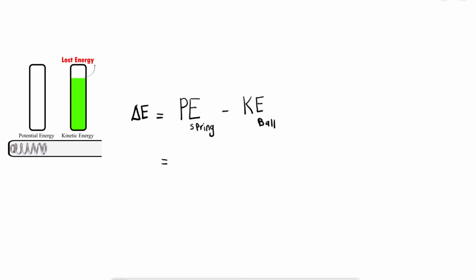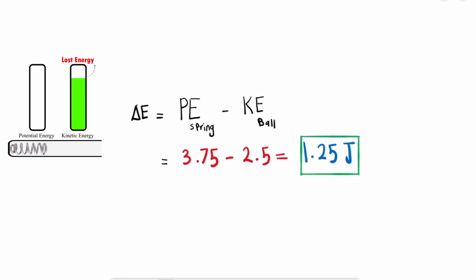So this is equal to 3.75 minus 2.5, and we have the answer of 1.25 joules. So this difference right now is the work done by friction, or the work lost due to friction, and the final answer for this question is this in my green box here, 1.25 joules.